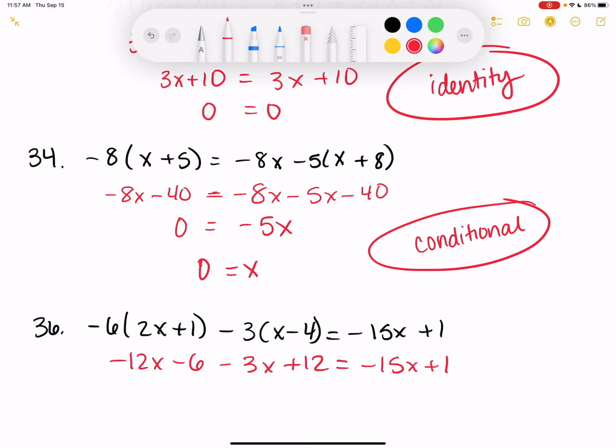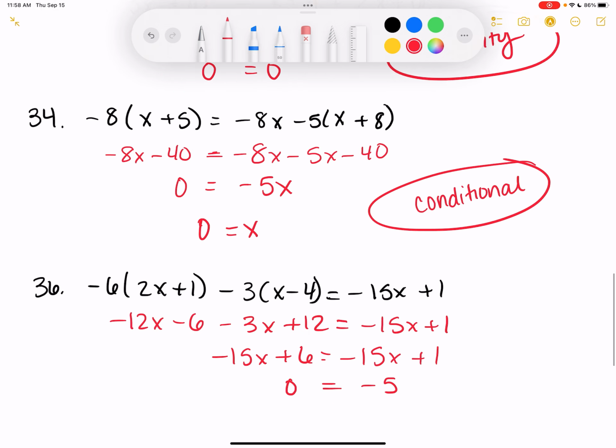So then you combine the terms on the left first. So -15x plus 6 equals -15x plus 1. So your x's are going to cancel, and it's just going to be 0 equals -5.